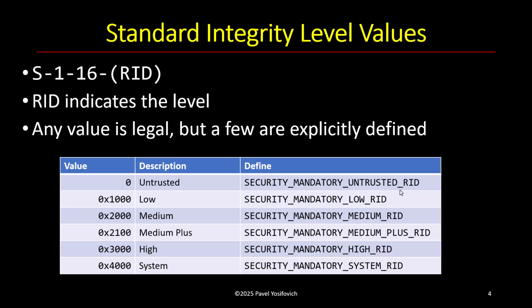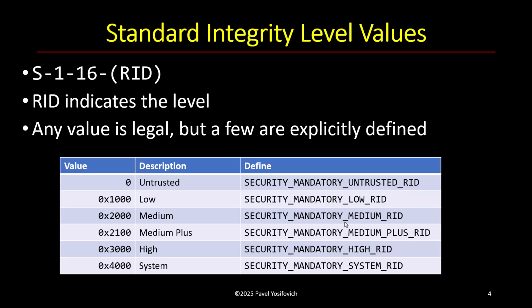For a process, it's actually stored in the primary access token. And so they all start with S-1-16. 16 is the authority ID, so to speak, and then another number which just indicates the level itself. And so the number can be anything really. It doesn't have to be one of the numbers you see here in the table, but the numbers in the table are defined explicitly with defines in the Windows headers, and they're kind of known.